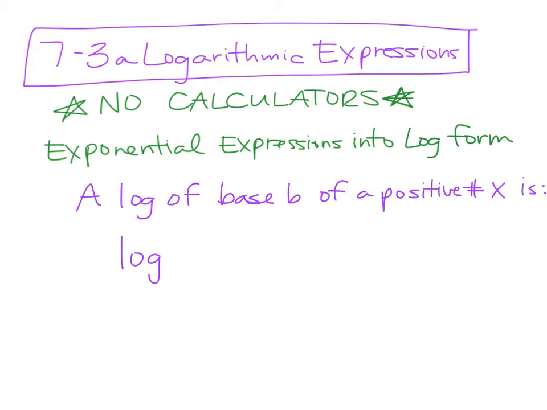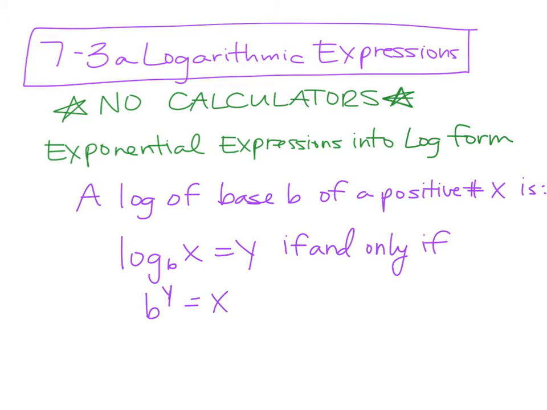So it'll be a log, and then it's subscript b, a normal x, equals y, if and only if b to the y equals x. Okay, so log base b of x equals y if and only if b to the y power is equal to x, which maybe looks like gibberish to you right now.